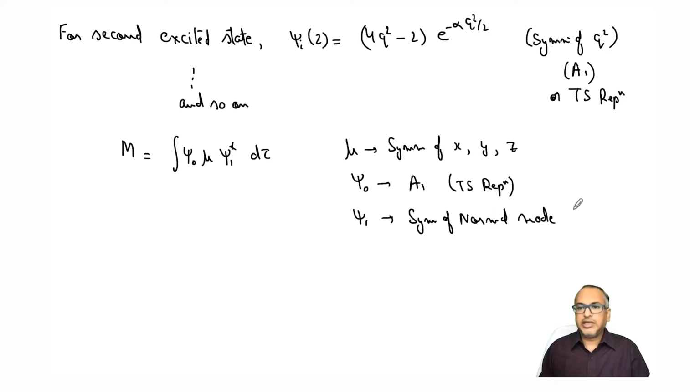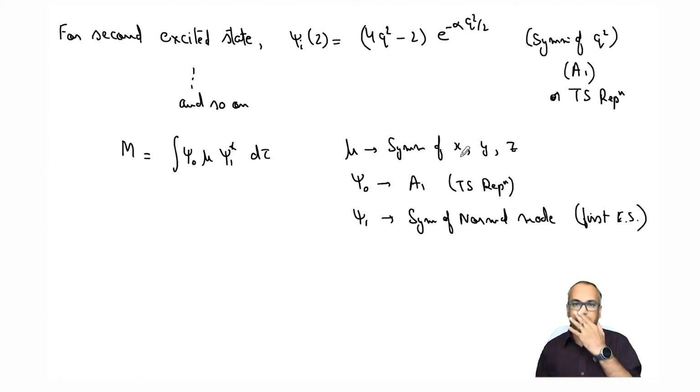Let us only talk about the first excited state. What will be the direct product of these three? The direct product will not depend on psi 0 because it is A1. So we have to consider the direct product of mu, the symmetry of x, y, z, and psi 1.